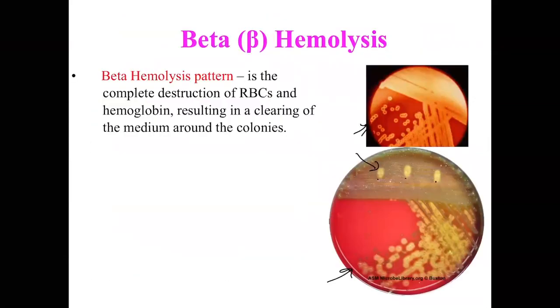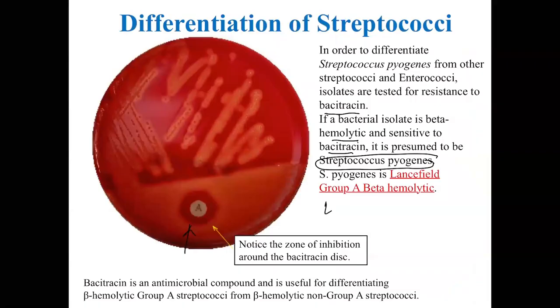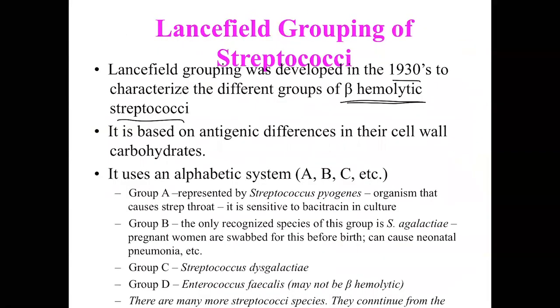So if you do a swab, you have these beta things that do beta hemolysis. They could be a lot of different things. So what they started to do is organize them, and the way that they organize them is based on antigens that are on their cell walls.